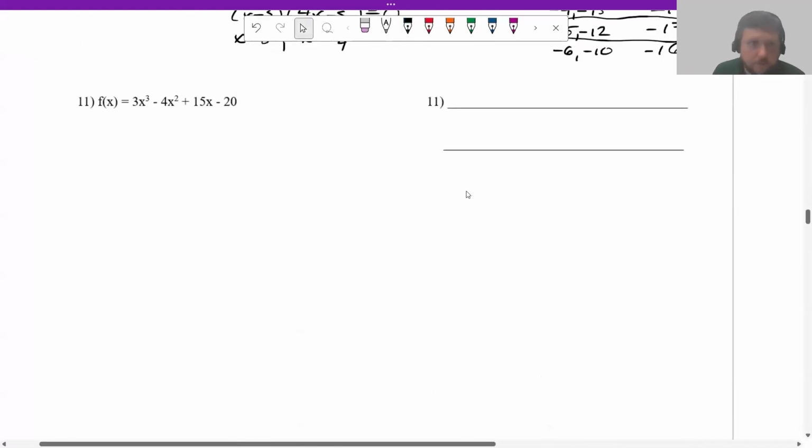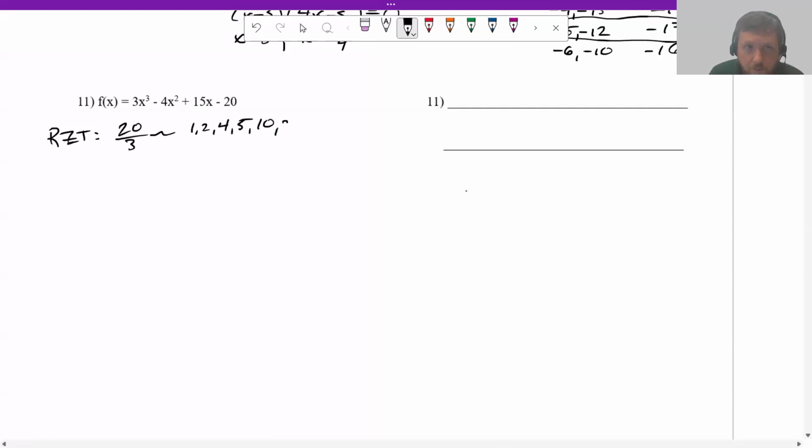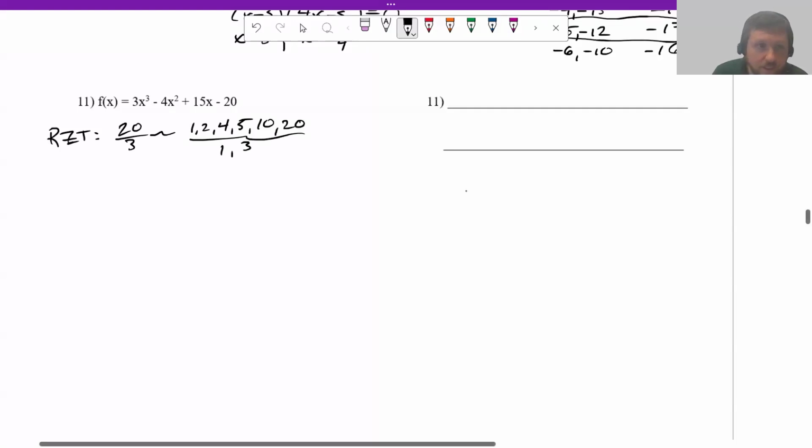Okay, same deal. So rational zeros theorem. So we're looking at the 20 over the 3. So I have 1 times 1 and 2 and 4, 5, 10, and 20. And then 1 and 3.